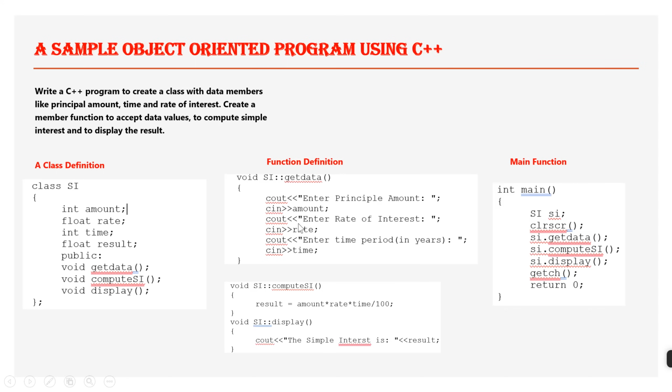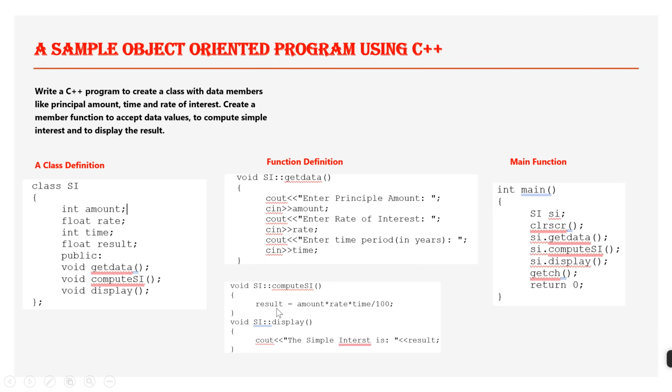Now I am defining another function, compute SI, to calculate the simple interest. All of us know simple interest is calculated using the formula: principal amount into rate of interest into time divided by 100. So I am storing a new value to the result.